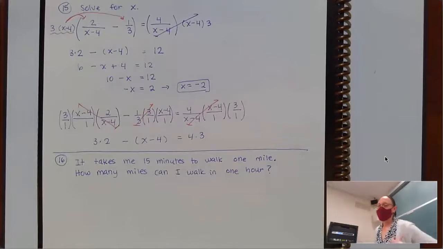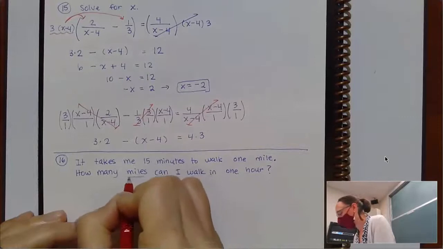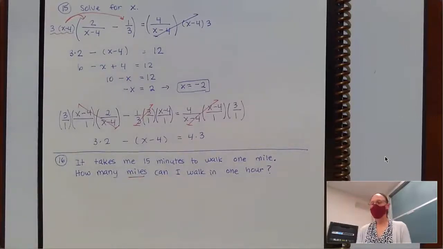So the thing that I'm trying to figure out is how many miles I can walk. So I know that my final answer has to be something with units of miles. So we can treat this as kind of like a unit conversion thing.